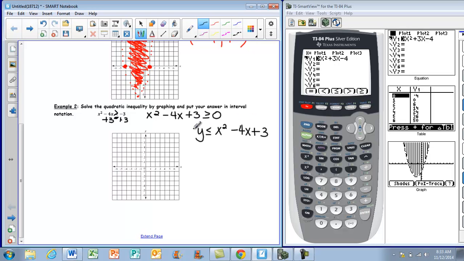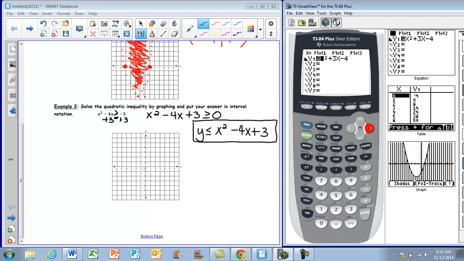This is what you are going to type into your calculator. So y is less than or equal to x squared minus 4x plus 3.